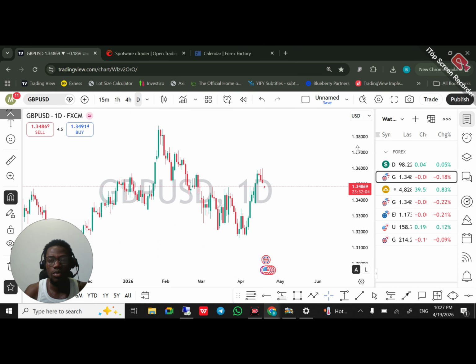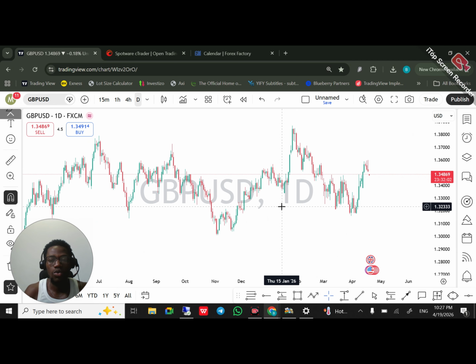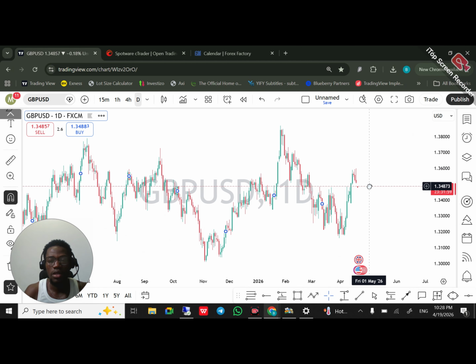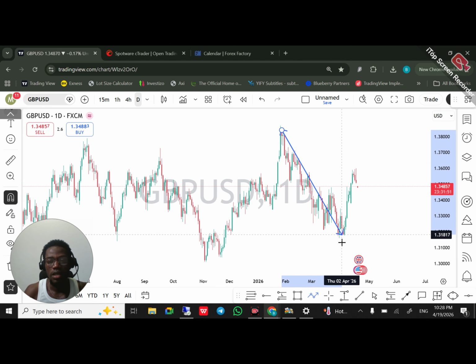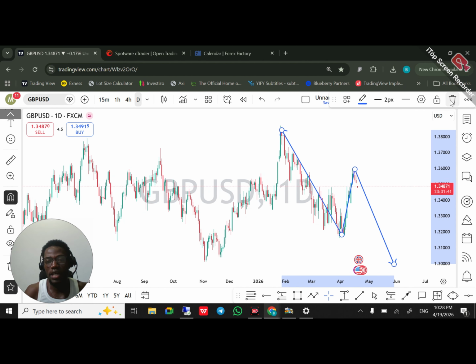So for GBP USD, this is what we have on the daily time frame. Overall, we can see there was a massive downtrend right here. Then this market pulled back up, and we think it might come back down to create a lower low. This is on the broader perspective.